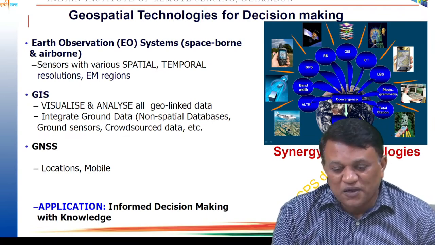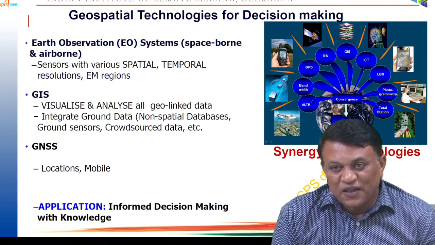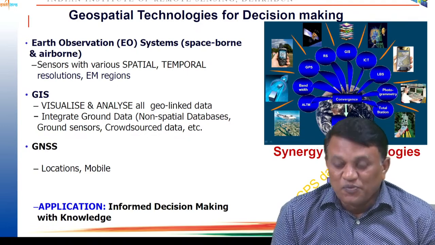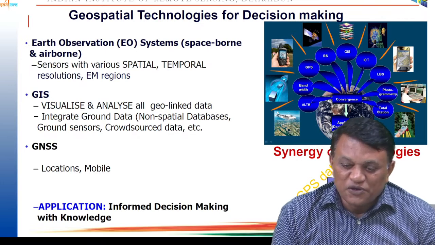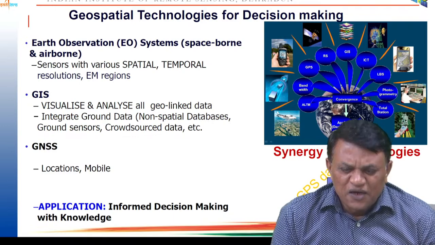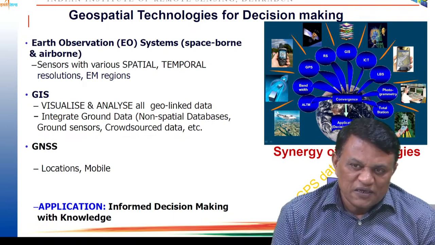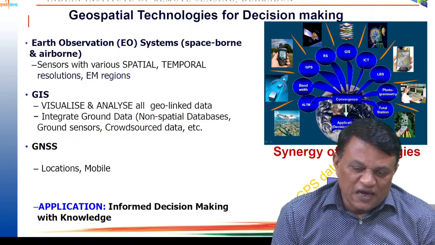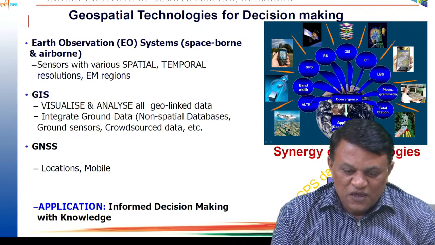And non-spatial data like crop cutting experiments, ground agrometeorological observatory network, soil moisture sensing network, different kinds of ground observation, and so on. So all this data you can integrate within GIS.